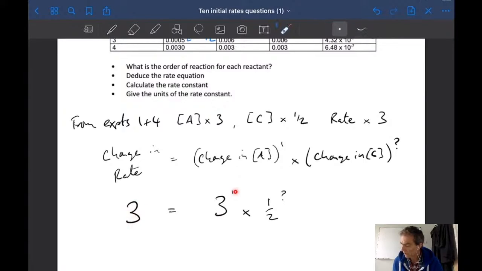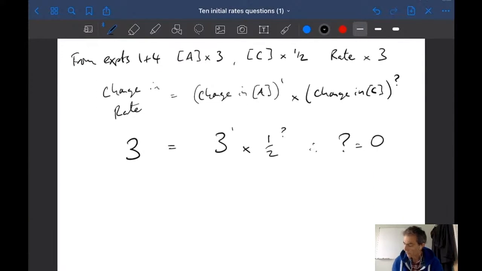Well, 3 to the power 1 is 3, so really we want to be multiplying 3 to the power 1 by 1. So that needs to be 0 order. So therefore, question mark equals 0 order. I'll just show you that that works.